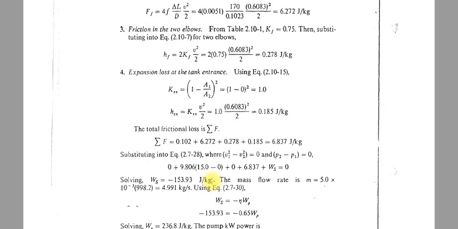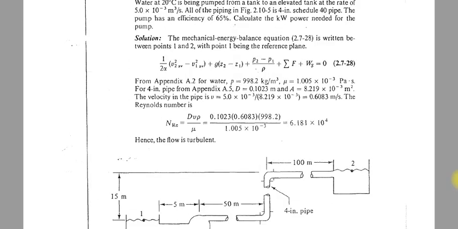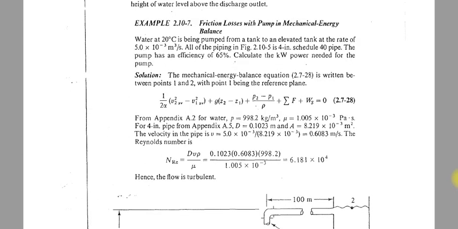So you have to calculate the energy requirement in watt or kilowatt. For that you need the mass flow rate of the system. So you know the volumetric flow rate that is given in the problem: 5 multiplied by 10 to the power minus 3.